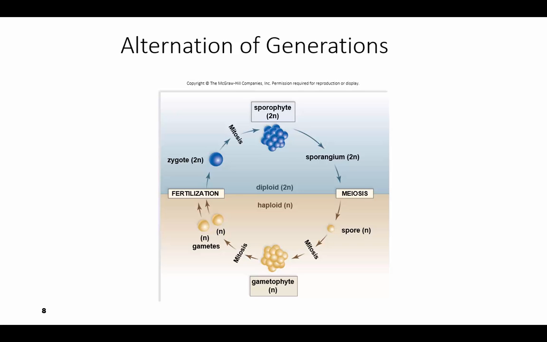It produces this sporophyte that then produces the spores by meiosis, and that takes you into the gametophyte stage. And then the male and the female gametes fuse, and that leads at fertilization back to the sporophyte stage, which is the zygote.